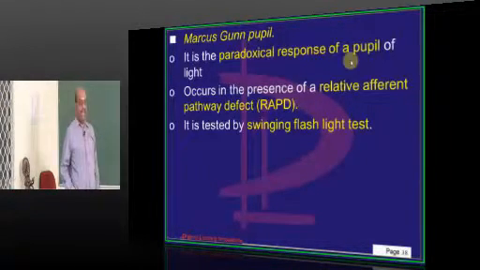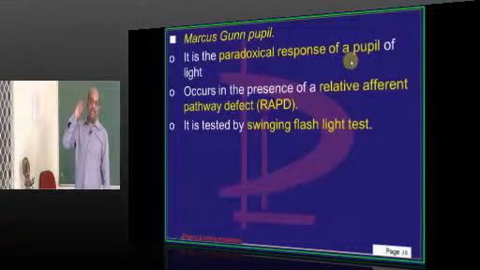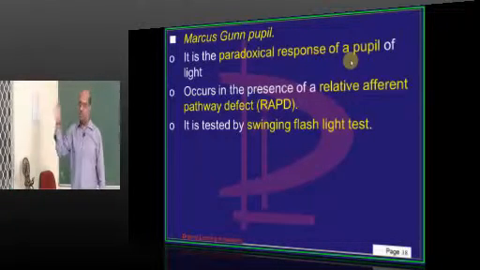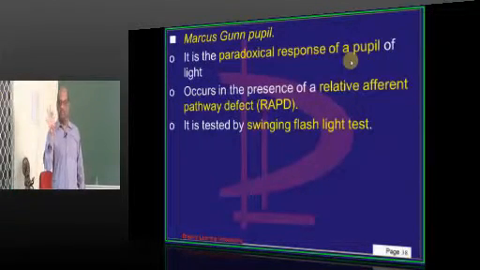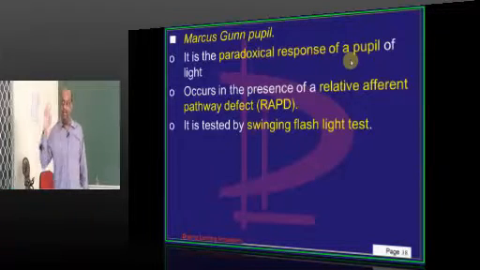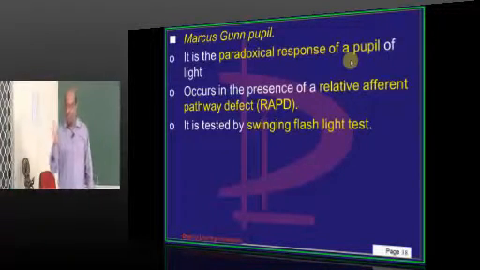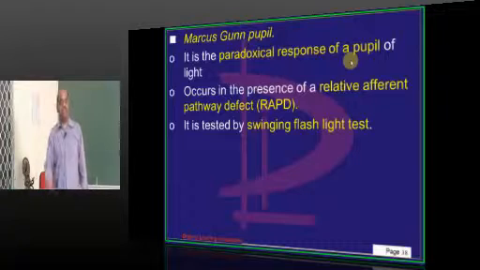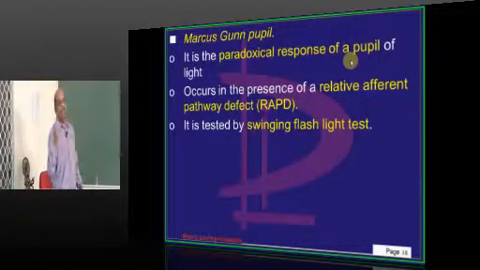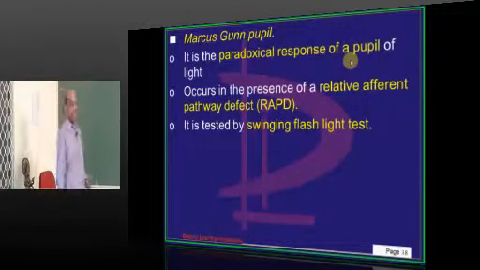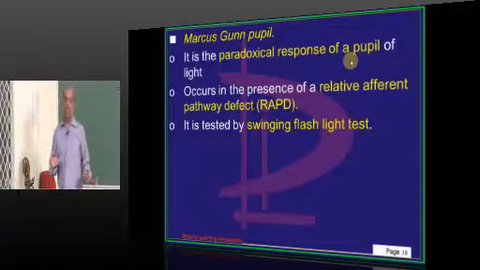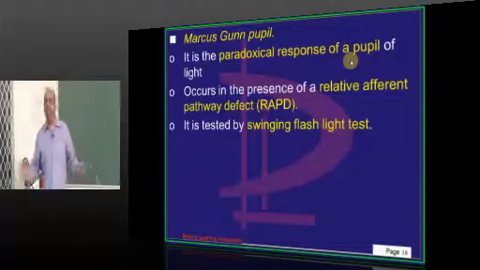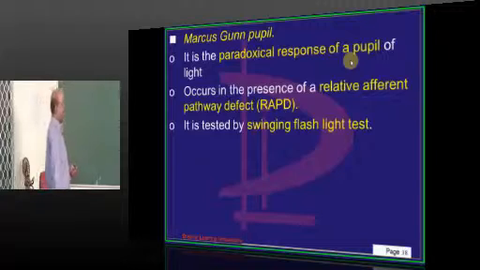If any lesion is there in the optic nerve, in those people, when you throw the light, immediately the constriction doesn't occur. When the light is moving away, when you don't expect constriction, that time constriction occurs. That is a problem in case of the Marcus Gunn pupil, which is due to RAPD, relative afferent pupillary defect, is what need to be remembered.